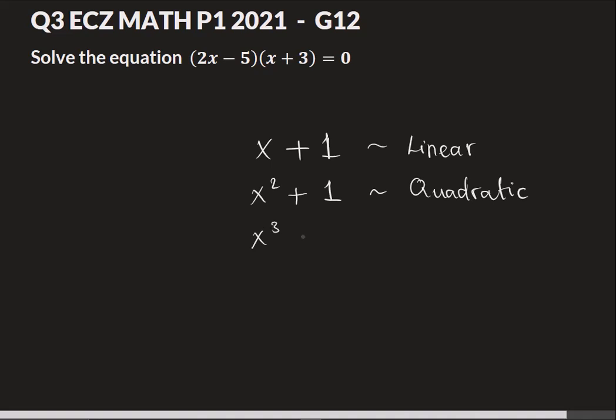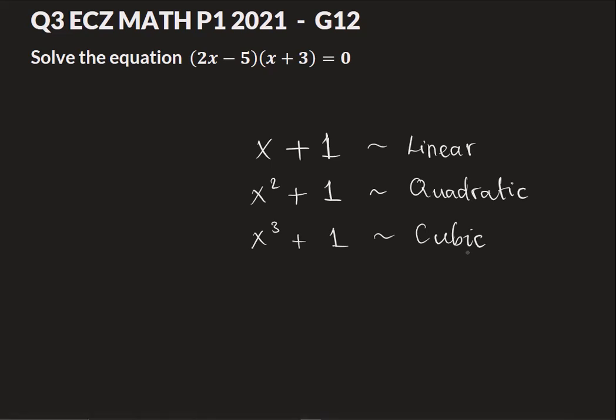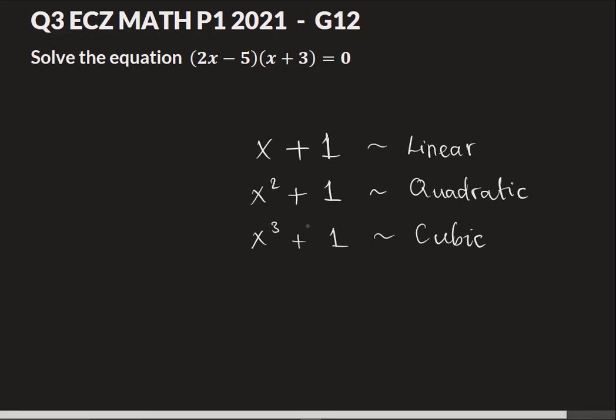If we have a 3, this can be referred to as a cubic expression or a cubic equation. Now, an important thing that you should always remember is that when we exceed these two, most of the times the resulting algebraic expressions will just be referred to as polynomials.